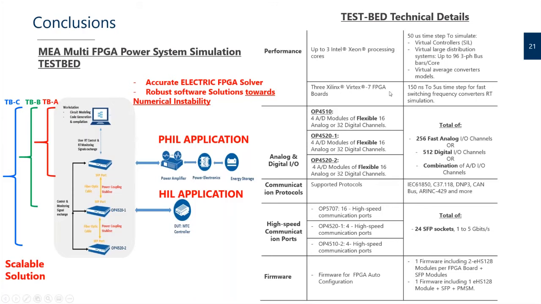We have one FPGA board that can integrate 2 EHS solvers. And we have 4 analog digital modules that are flexible for the basic solution. And for each solution we have 16 high-speed communication ports to communicate with other FPGAs.